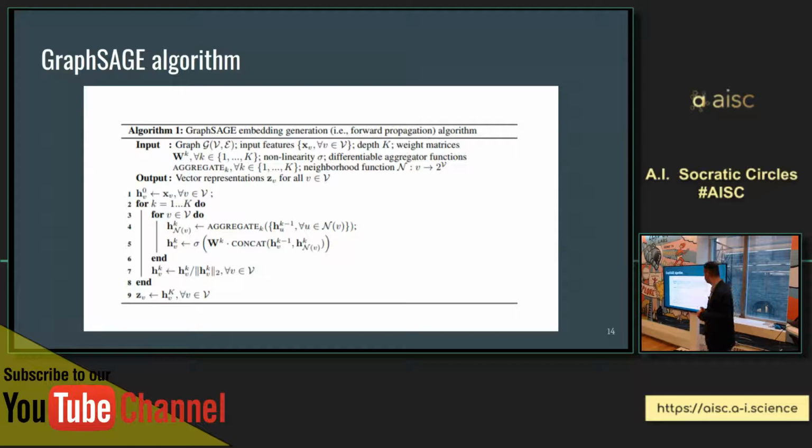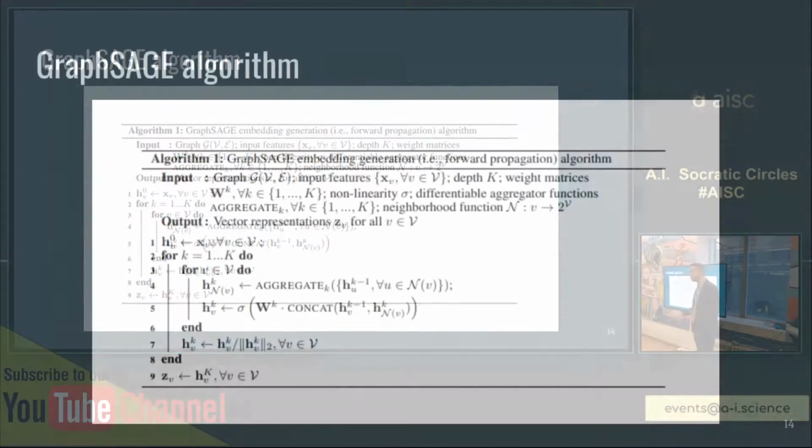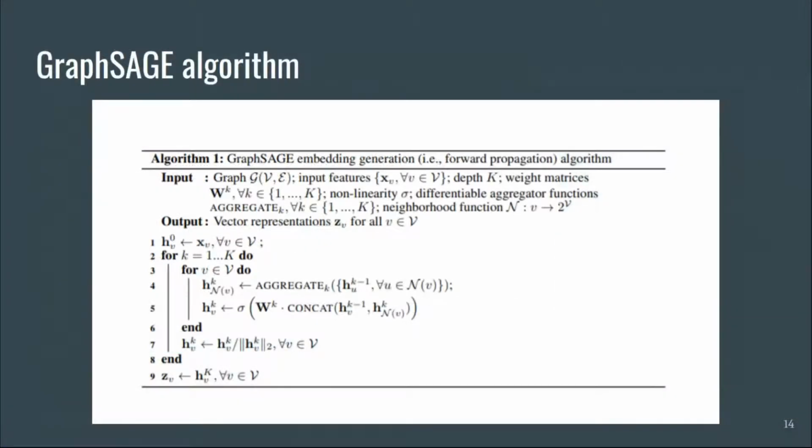So what they do is, for the search depth that we have, for k equals 1 to K, that's the whole search depth, and for each node, that was a question that you were asking, how we can go through the nodes. So we do it iteratively. It's like 2 for loops, okay? And then H is the representation in each depth of search that we have. This H is a hidden layer, right?